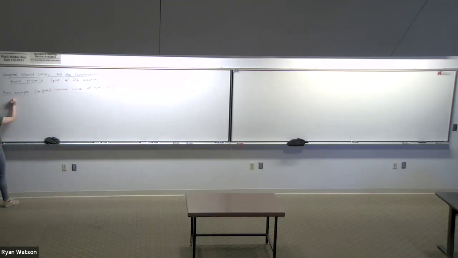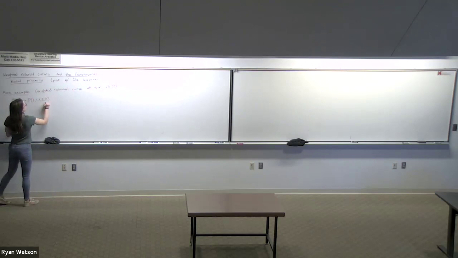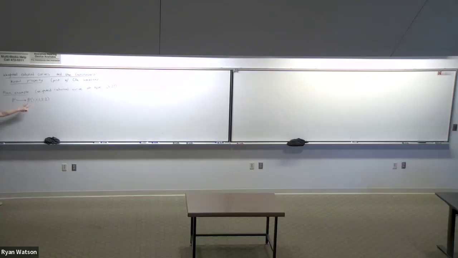So geometrically, we'll embed P1 into a weighted projective space with weights 1, 1, 1, 2, 2. And those weights are coming from the parameters 3 and 2. You can probably kind of see how.